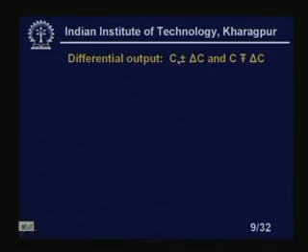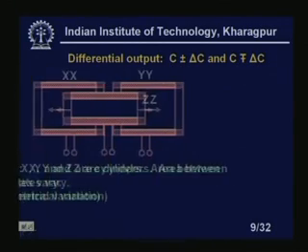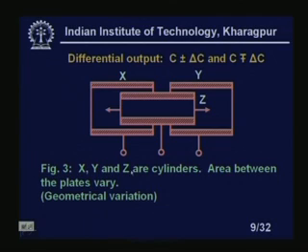You see, the capacitance change can be C plus minus delta C, all the same. You see here X, Y and Z are cylinders, and the area between the plates varies. Now, I have a capacitance between this plate and this cylinder, and again between this cylinder and this cylinder. If I shift this cylinder to this side, what will happen?